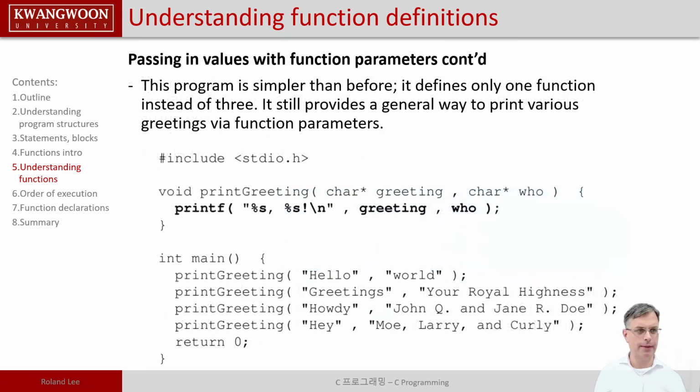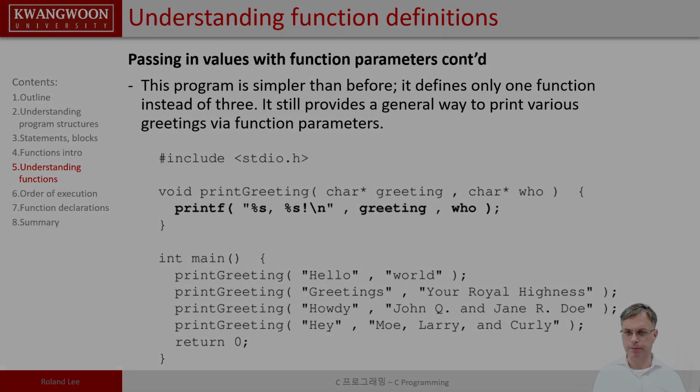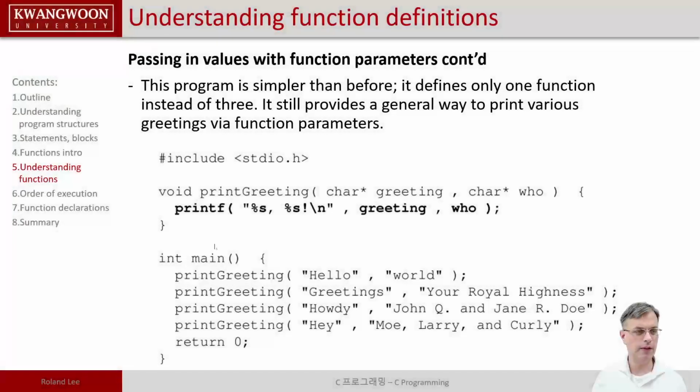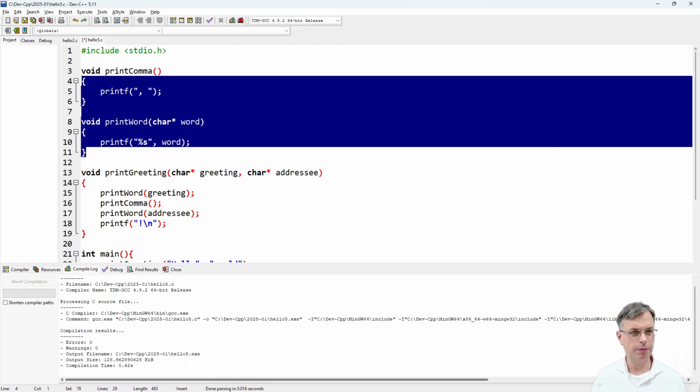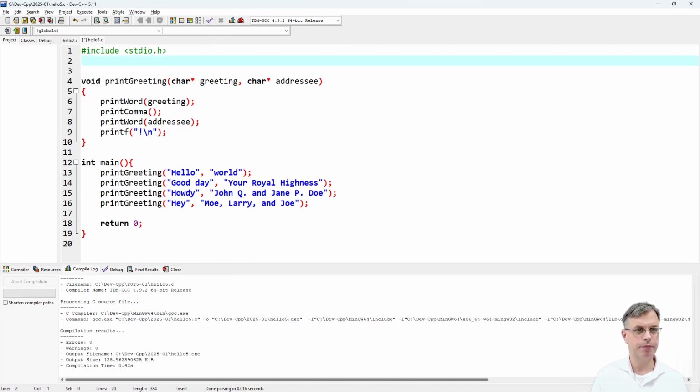Yeah, and this program can also be made more simple. The simplification goes in the way that we get rid of a few functions, and we create this print greeting in a different way. So let's see that. Let's take this out. This print word, print comma, we don't need them.